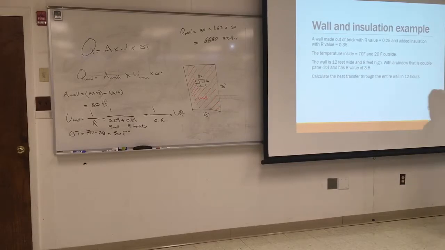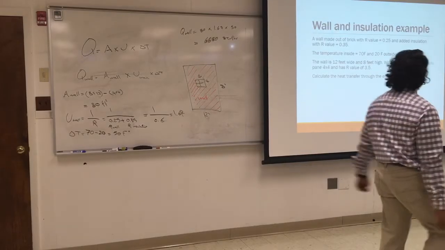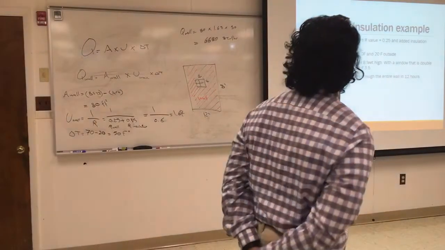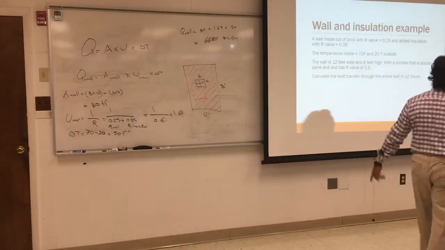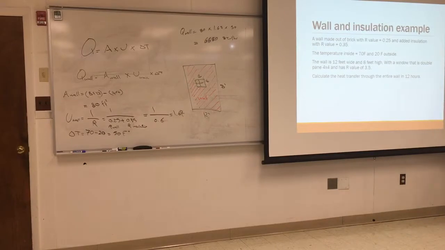Can you calculate through in BTU per hour? Yeah, so now this is per hour, BTU per hour. So for 12 hours, we're going to do 6908.6 times 12 hours.